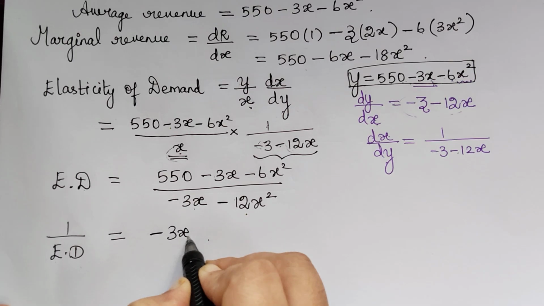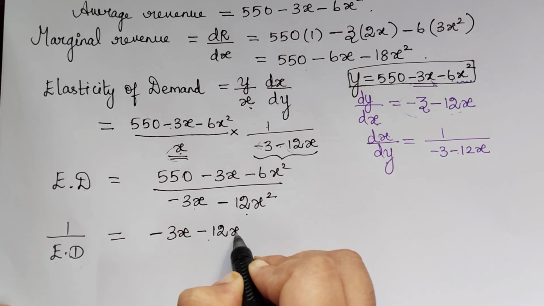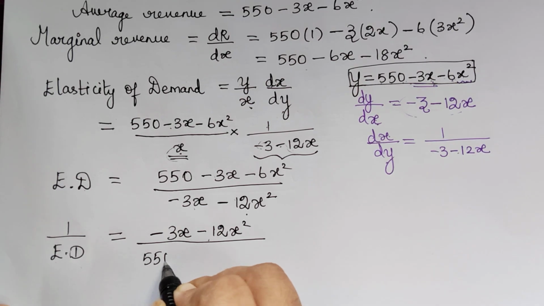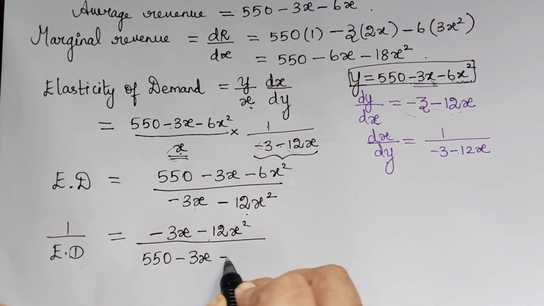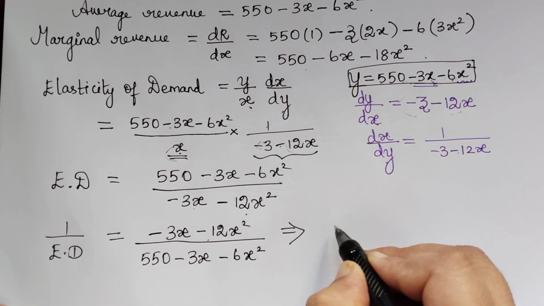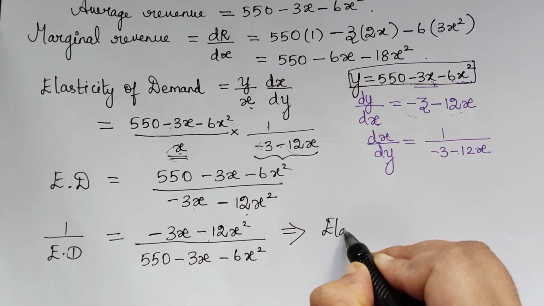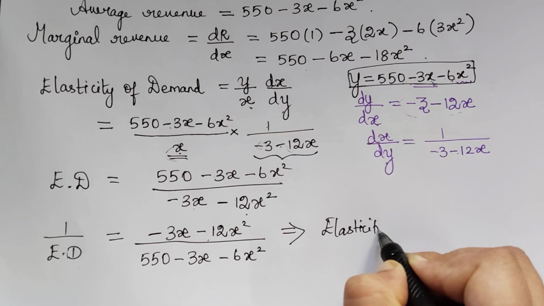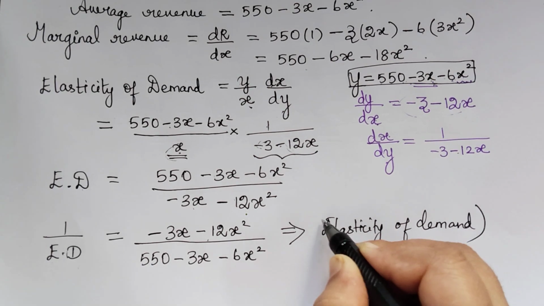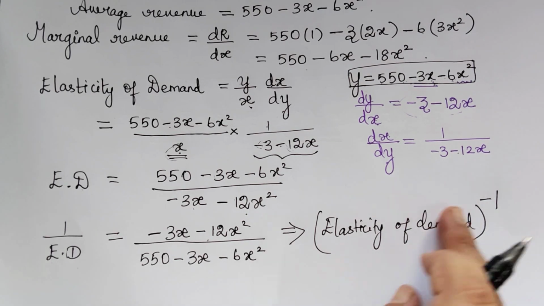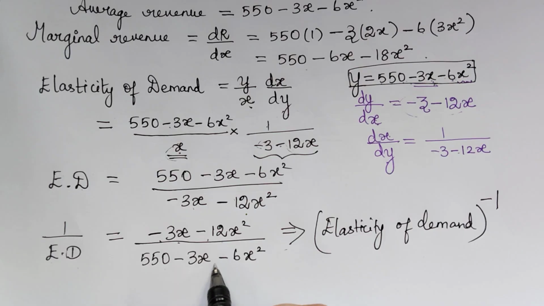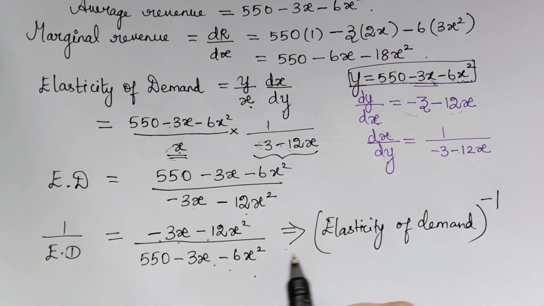So minus 3x minus 12x square comes to the numerator, divided by 550 minus 3x minus 6x square comes to the denominator. So therefore, elasticity of demand the whole power minus 1 is equal to minus 3x minus 12x square divided by 550 minus 3x minus 6x square.